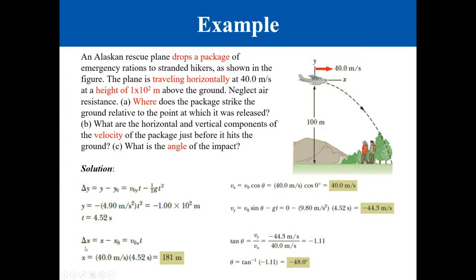So now for x, it's equal to v naught x t. V naught x is 40 meters per second. All we need to do is multiply that by the time, 4.52. The answer is 181 meters. So this distance is 181 meters. Very simple.